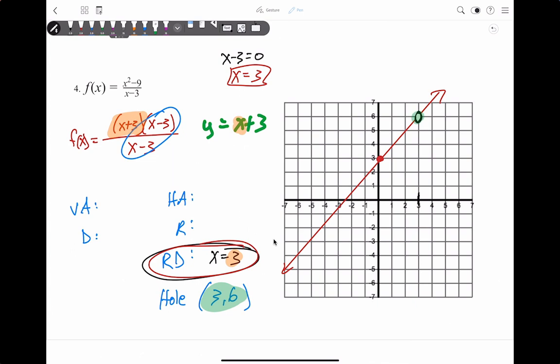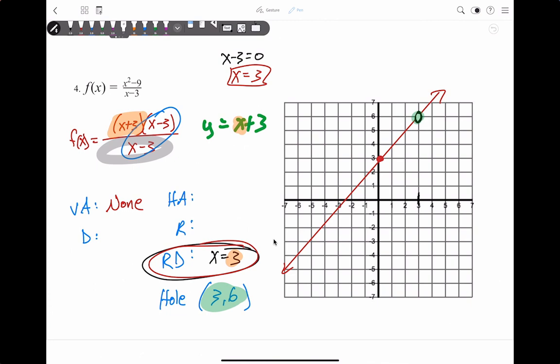Now, there aren't any leftover factors in the denominator, and because of that, there's nothing we can set equal to 0 to find the vertical asymptotes. So we're going to put none for that. The only place where this function isn't continuous, the only place where it has a break, a hole in the graph, or some kind of jump, is when my denominator is equal to 0.